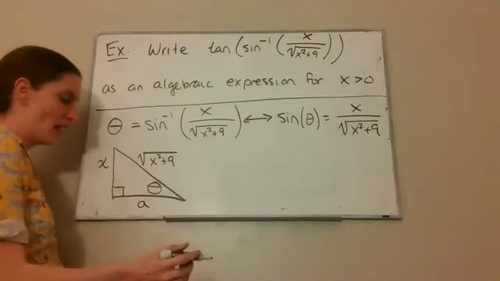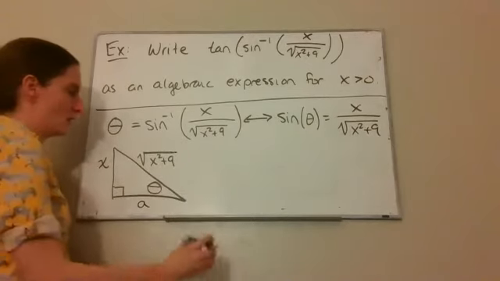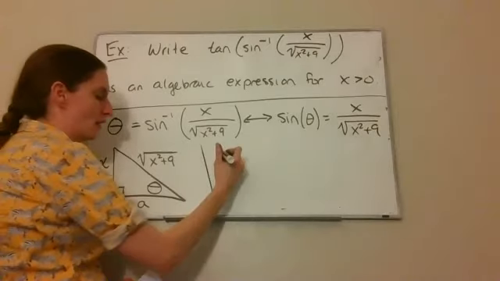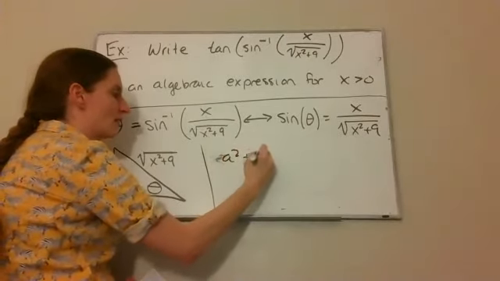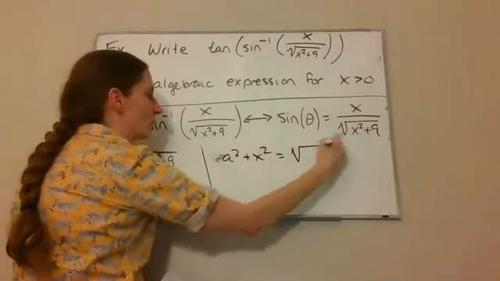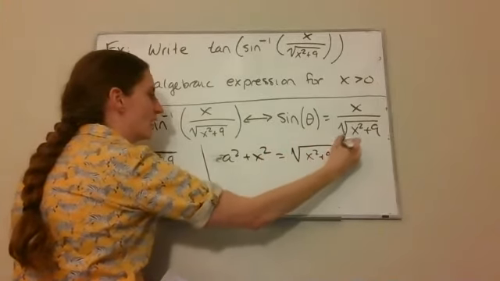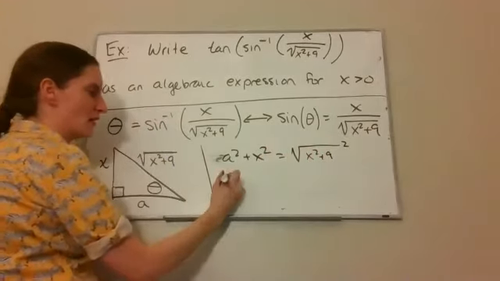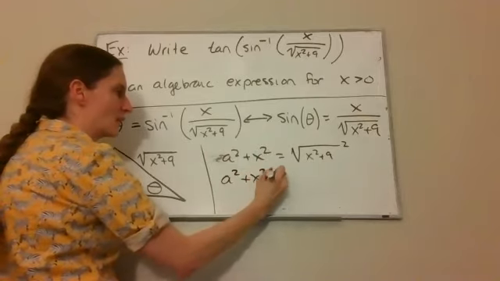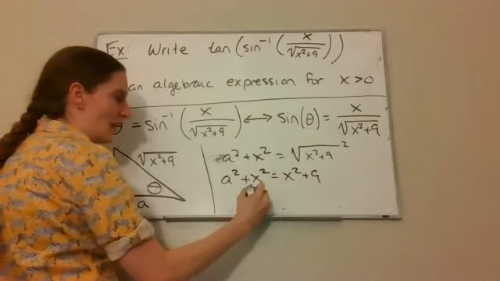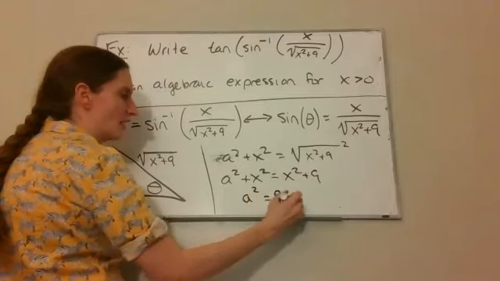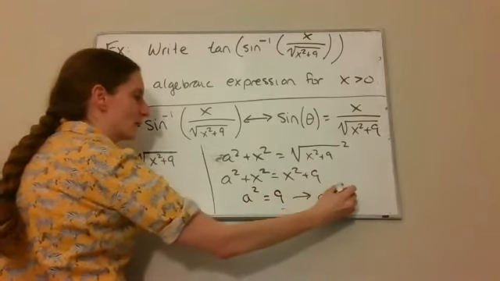I'll just call that side A. Using my Pythagorean theorem, a squared plus x squared is equal to square root of x squared plus 9, squared. So a squared plus x squared is x squared plus 9. That means a squared is 9, so a is 3.